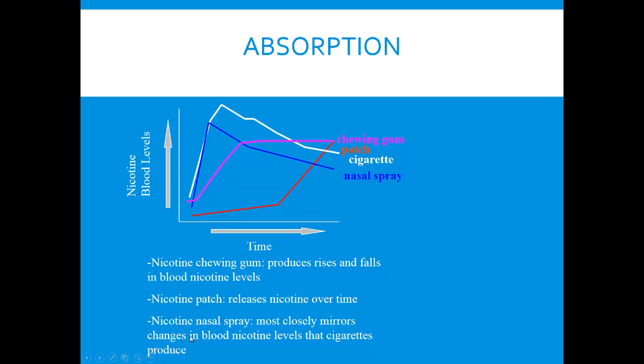Okay, and then the nicotine nasal spray is going to produce changes in the blood nicotine levels like cigarettes produce. So the nasal spray is going to actually achieve levels that are similar to the levels that can be achieved with smoking a cigarette. The gum is going to produce patterns, rises and falls, but the nasal spray is going to produce levels that are more similar to smoking a cigarette.